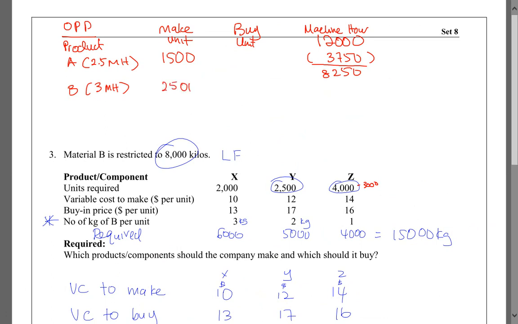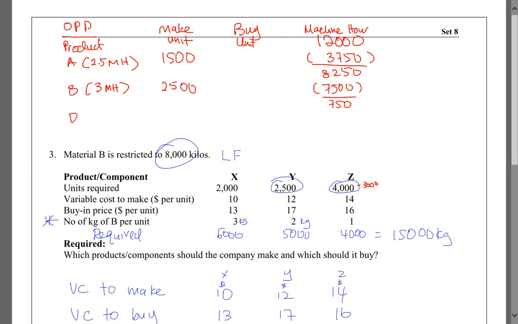I plan to produce 2,500. 7,500. Yeah, I have enough. 750 left.